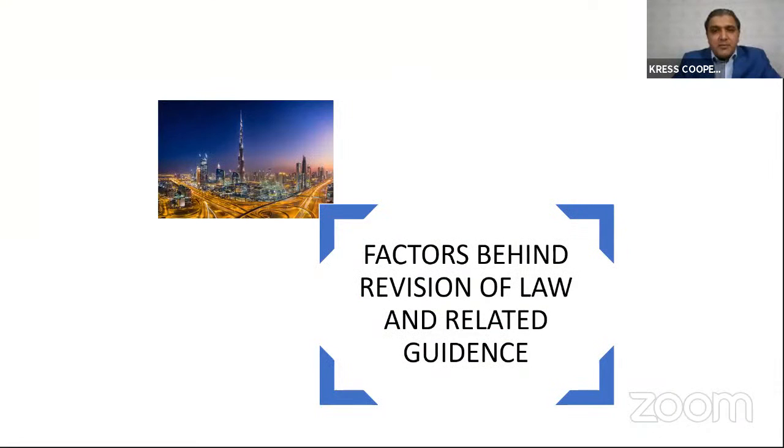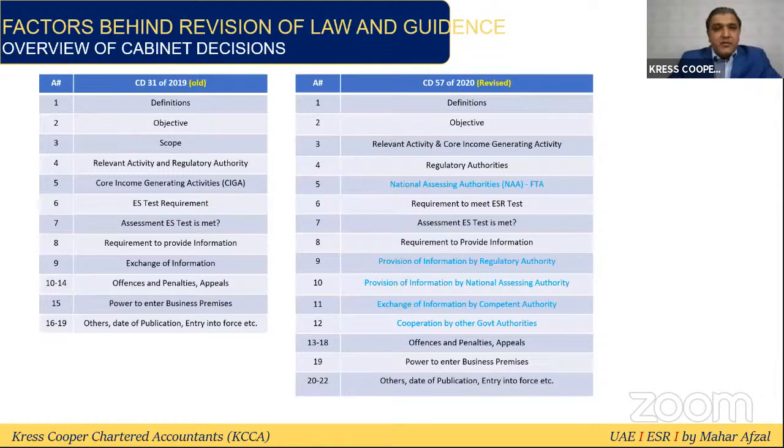So what are the factors behind the revision of the law and related guidance? If we take a very high level overview, in the old Decision 31 of 2019, there were a total of 19 sections. In the revised decision, there are 22 sections.